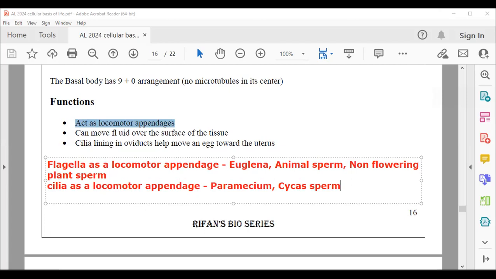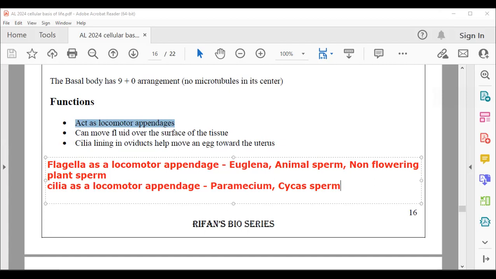So, which structures use flagella as a locomotor appendage? Euglena, animal sperm, non-flowering plant sperm. Cilia as a locomotor appendage: paramecium and cycas plant sperm.